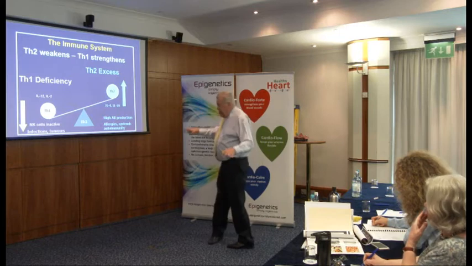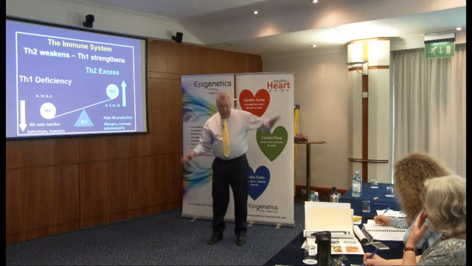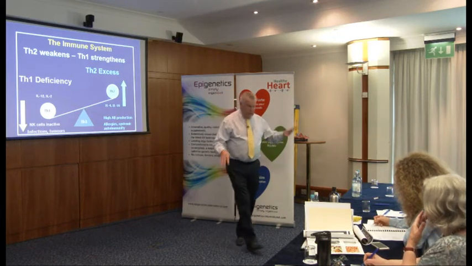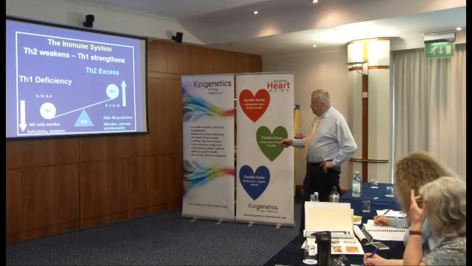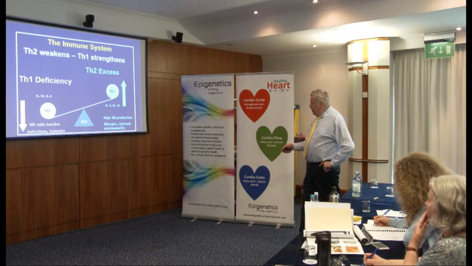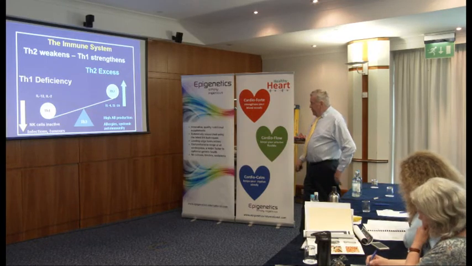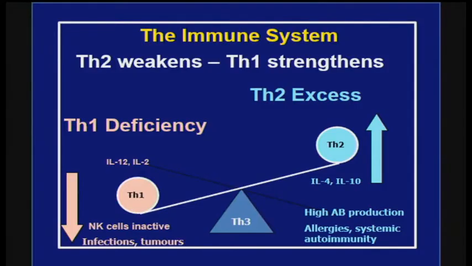But the deciding guideline, to the left and the right, if you like, is Th1, Th2. And fundamentally, Th1 is more inside the cell and Th2 is more outside the cell, like infections.